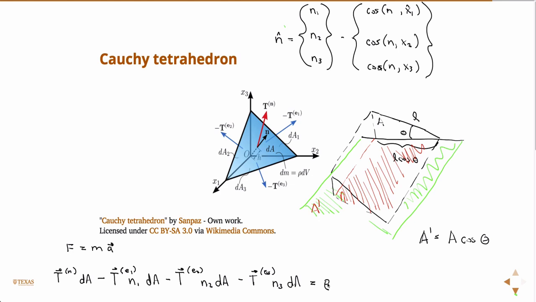If I take that guy and turn it over, I have a pyramid, and h is the height. So I'm going to have one third h times the area of the base, which is dA. Density times volume is mass. So that's m. And then a is just a. Newton's second law. Well, one thing we notice right away is that there's a dA in every term, and so they can cancel.